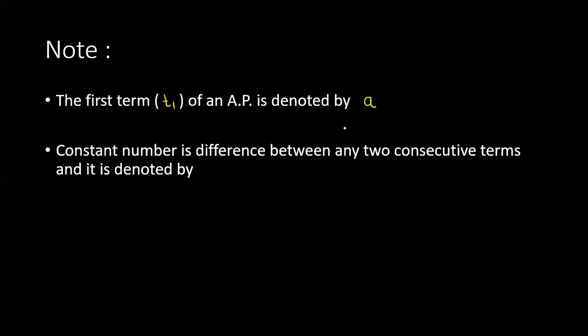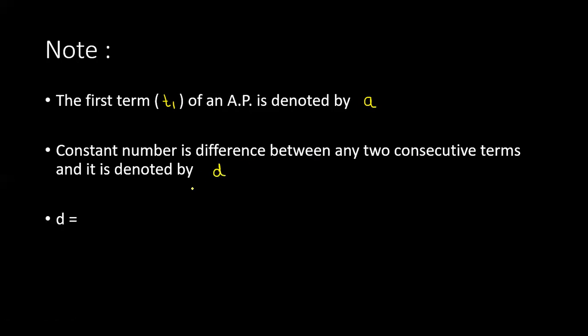First one, the first term which is denoted by T1 of an AP is denoted by letter A. A constant number is nothing but a difference between any two consecutive terms, and it is denoted by letter D.